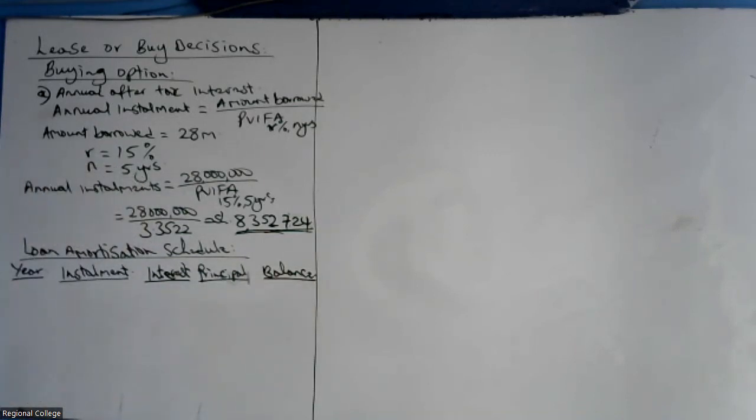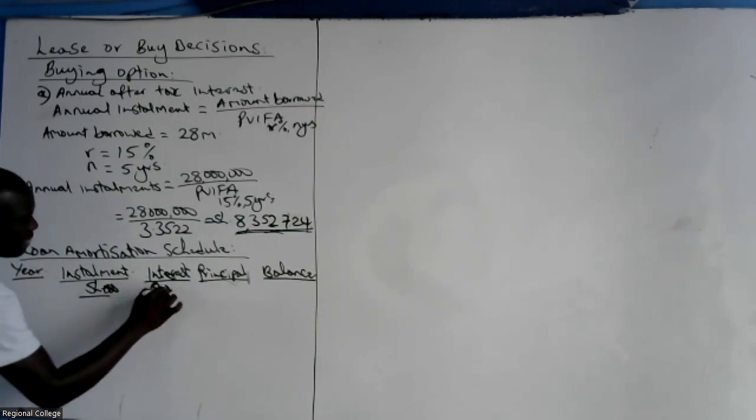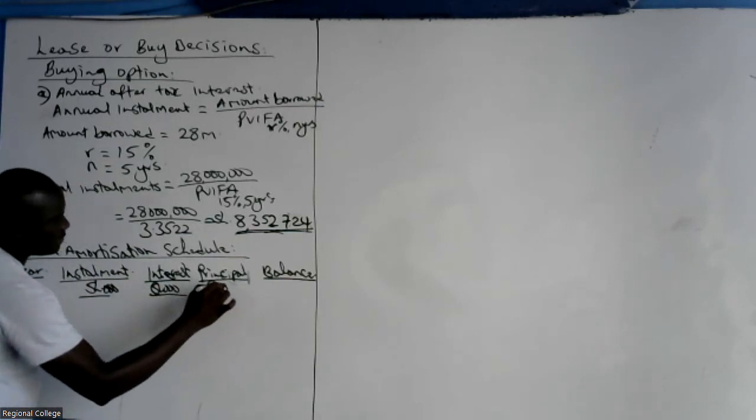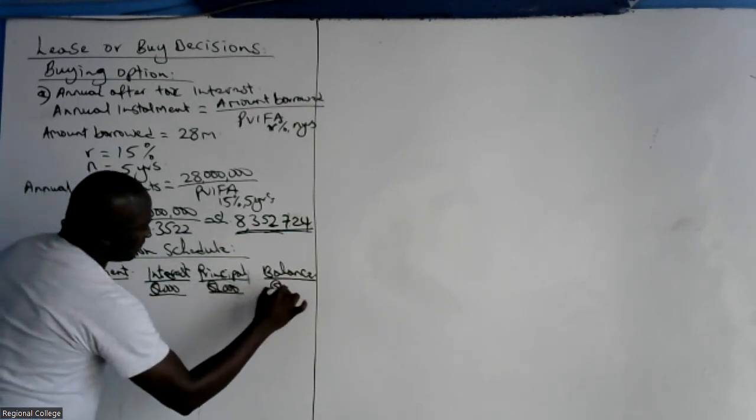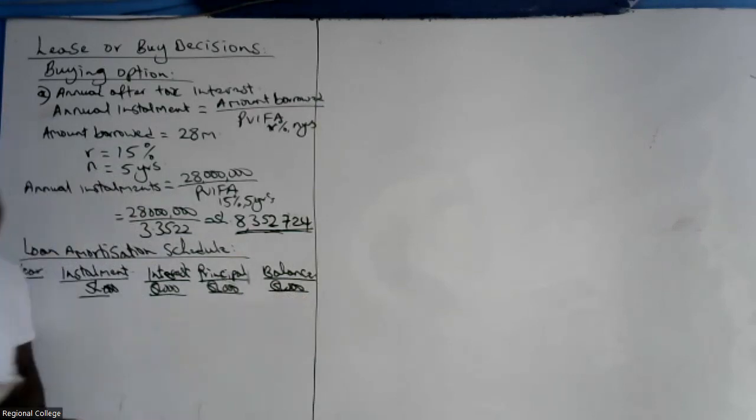You can check that approach, the beginning balance and end balance. You can start with year 0. This one is still very direct. Let's put it in thousands of shillings.